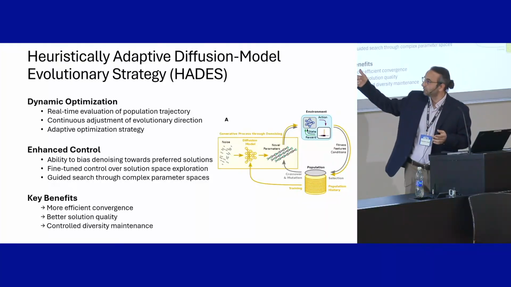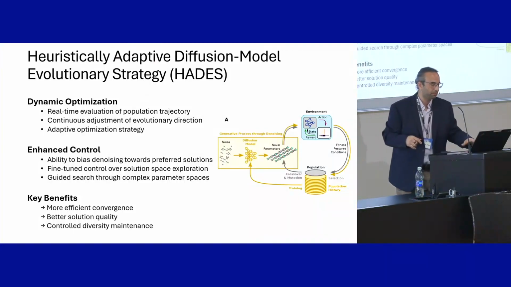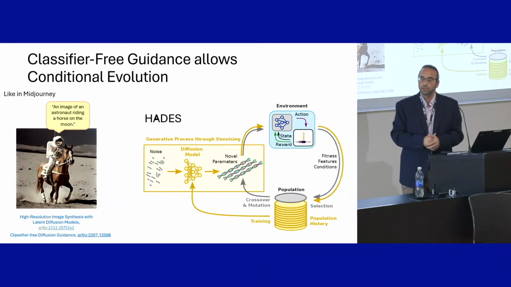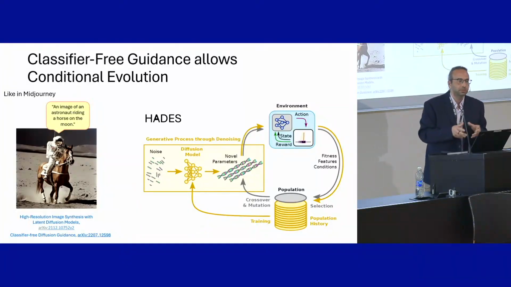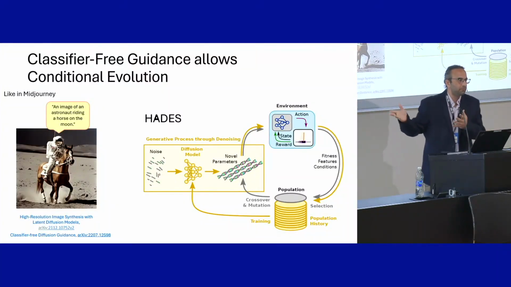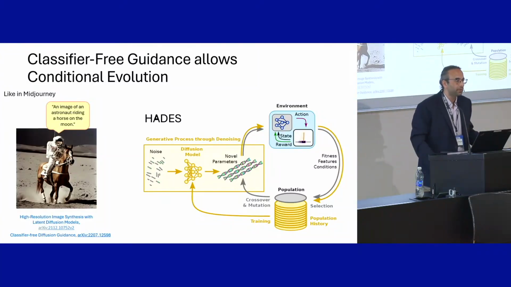And this is actually a framework that we call HADAS, and I will jump ahead because of the time. Based on your experience with Midjourney and other models, you take a generative model and ask it to generate an image that you never saw before, for example an image of an astronaut and a horse riding on the moon.